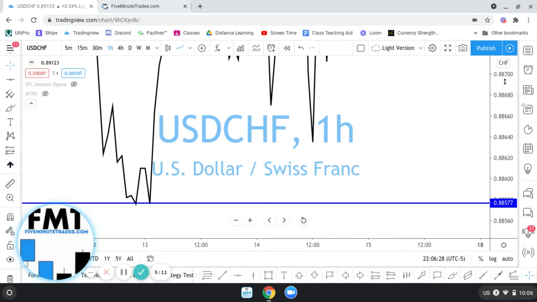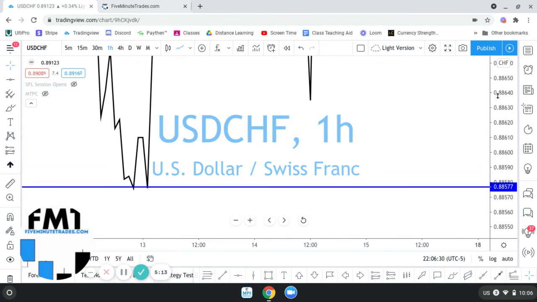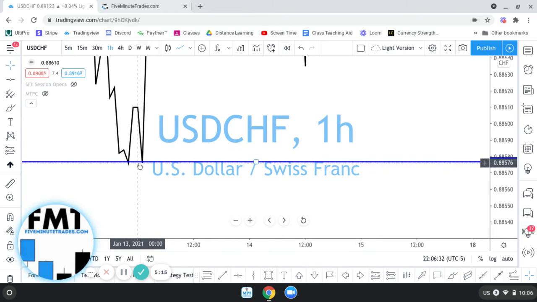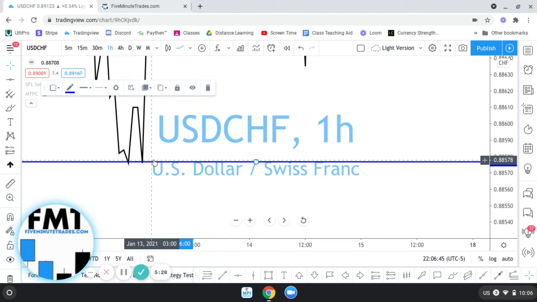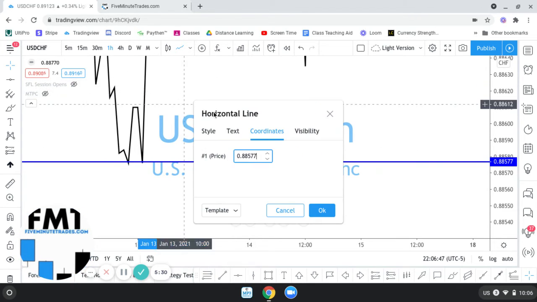Now, oftentimes with the line chart, if you like to zoom in on it, you see how it moved a little bit. So what I do a lot of times is to get the price exactly right. Let me use this one here. Yeah, this one's good. So 88576. So go here, coordinates 88576.